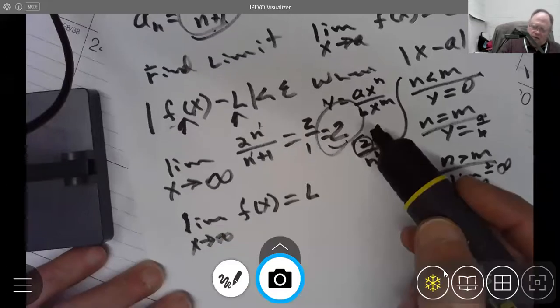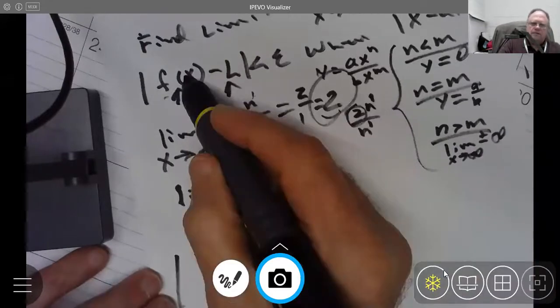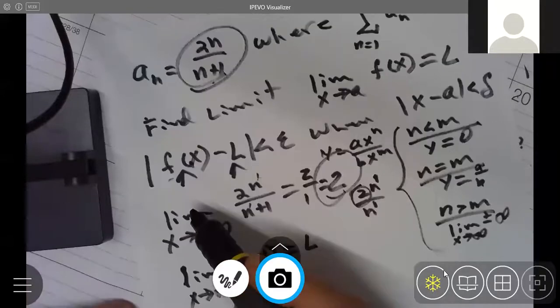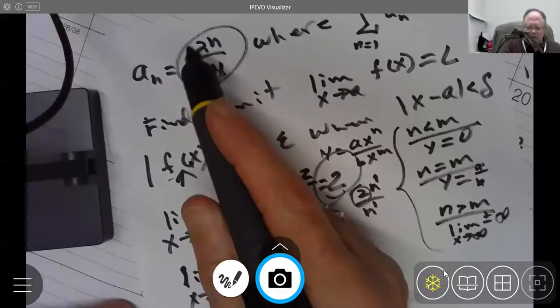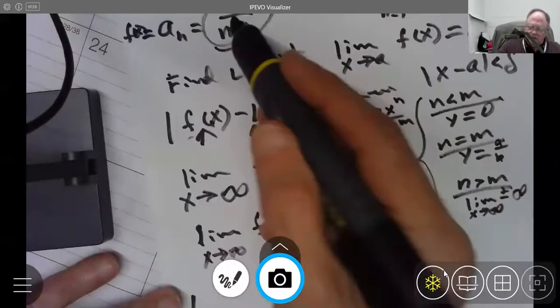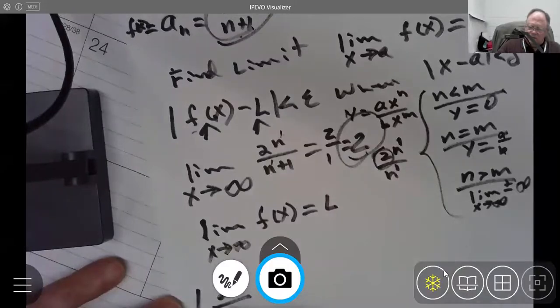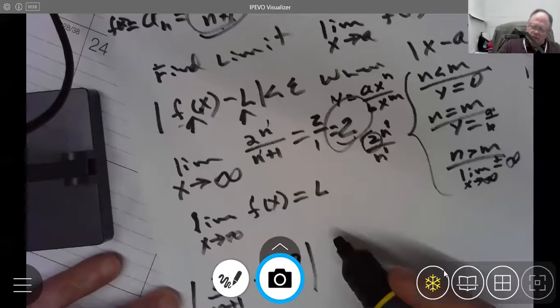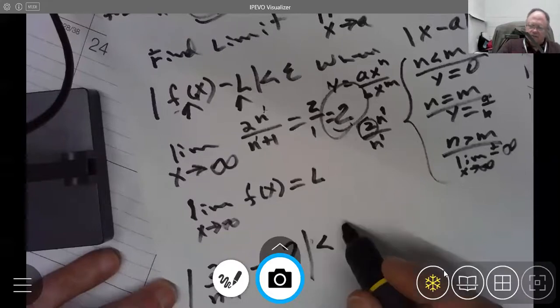So what's going to go in here? The 2n over n plus 1, the whole thing. This is the same thing as f of x. So it'd be 2n over n plus 1 minus our limit, 2, and that's less than epsilon.